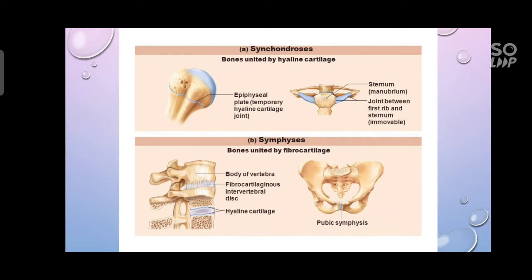Another is the sternum-manubrium, the joint between the first rib and the sternum, which is immovable. The second one is the symphysis, or the bones united by a fibrocartilage. An example of that is the pubic symphysis, which connects the two pubic bones of the pelvic girdle.